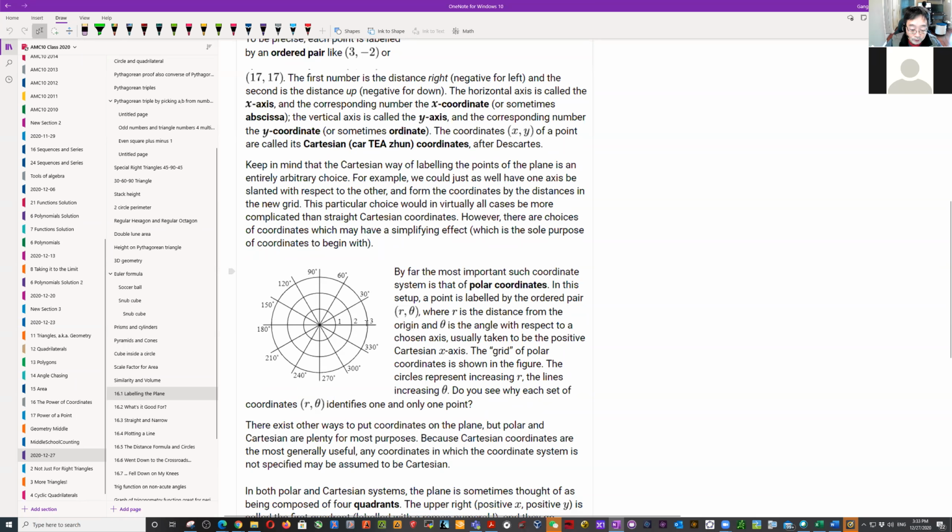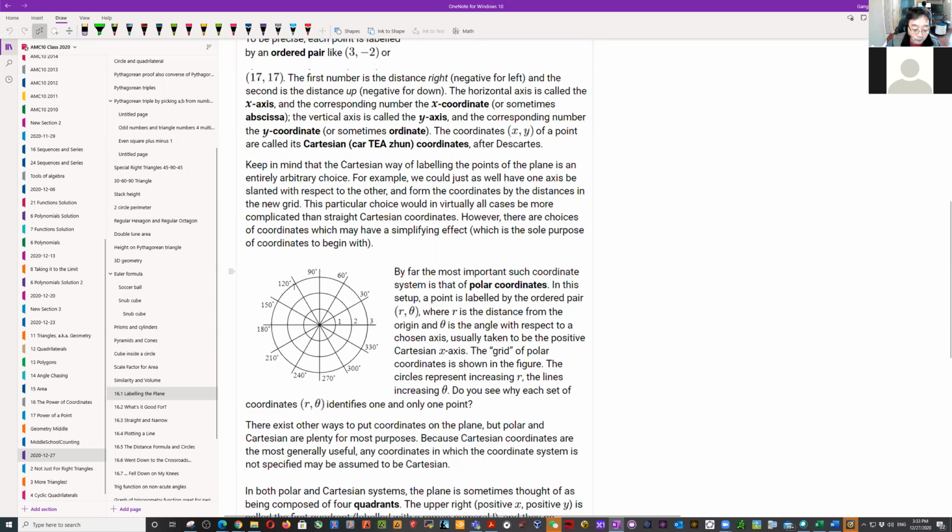For example, this is 3, 0 because the radius is 3 and the angle is 0. And here, for example, is radius 2 and angle 60 degrees, or you can say angle 2 pi divided by 6, or pi divided by 3.